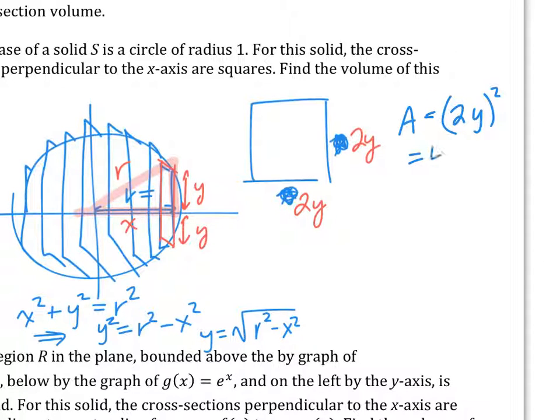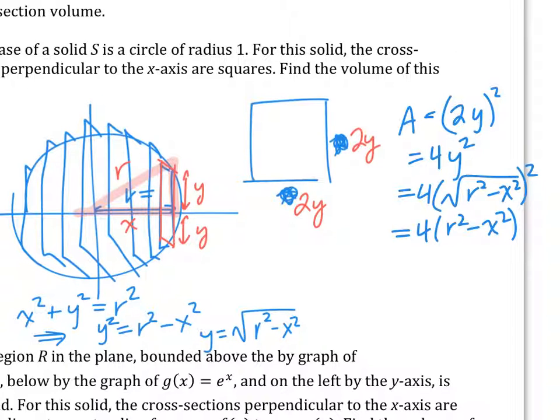So that is 4y squared. Now substitute in y: 4 times the square root of r squared minus x squared, squared. So that is 4 times r squared minus x squared. Now, because we actually have a radius for this circle, what is the radius? 1. So we're going to substitute in 1 for the radius. So this is 4 times 1 minus x squared.